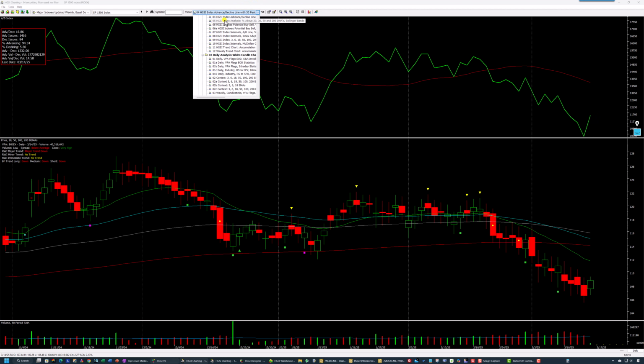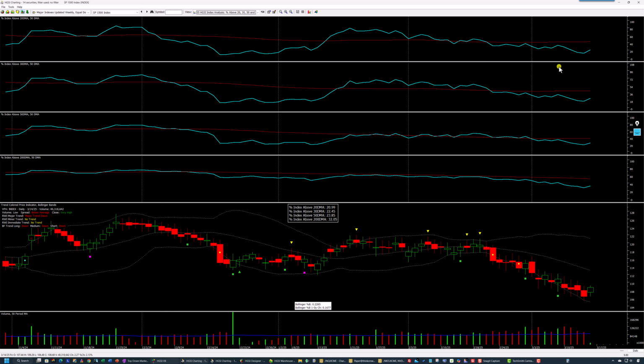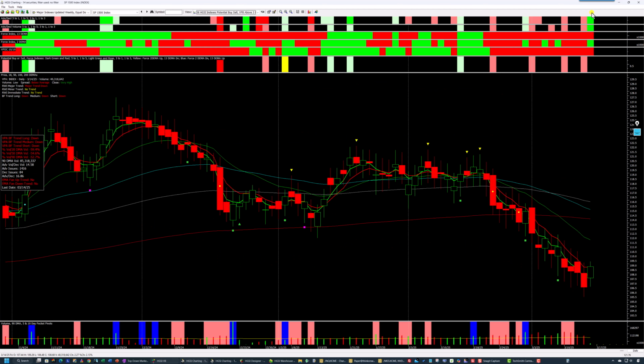The percent above the moving averages, or these indexes above these moving averages, have turned up. Remember, they were all down yesterday, but they're turning up, so we're seeing the market kind of transform itself. Now look up here. You can see that there are two dark green bars.